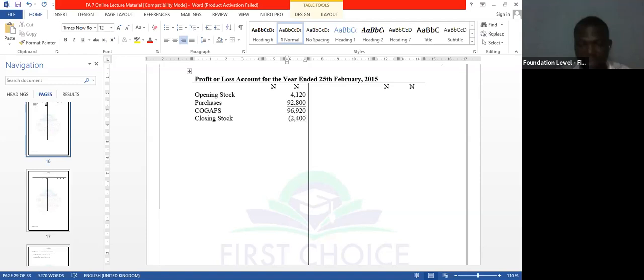Anyone that is workable for you, that you understand, you are good to go. Bracket actually means reduction. It means that what is minus that figure should be removed from the figure ahead.